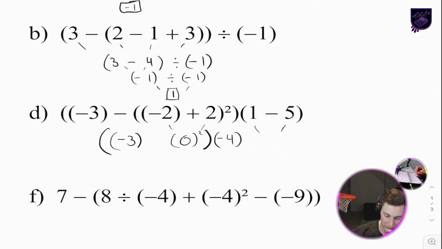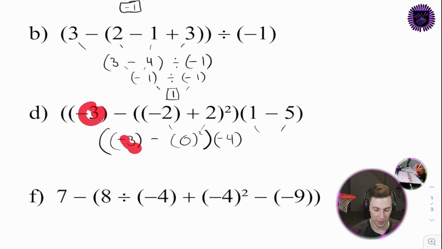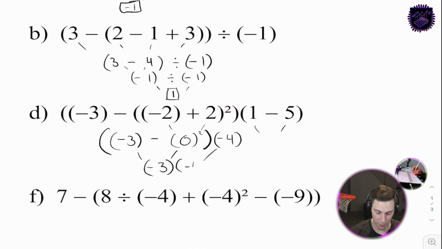Now, in between those two is a subtraction sign. Okay, so let's go back through this here. It's first this and the exponent, which equals 0. Then we drop this down, and this inside, which is going to equal, of course, negative 3. And then we move this down, and it's negative 4 times negative 3, which is 12.